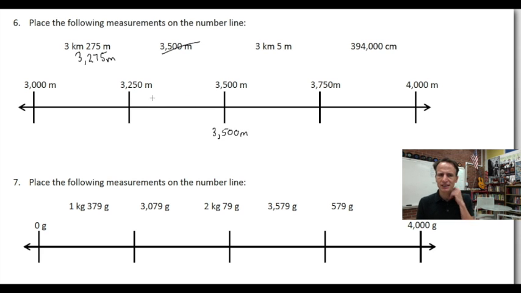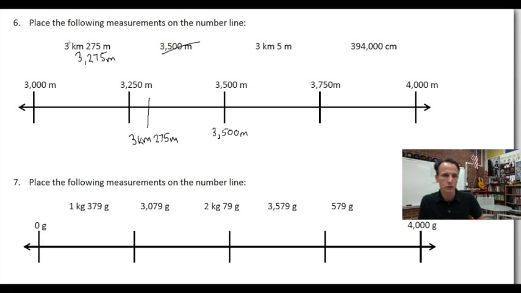I can see there's 250, so 3,300, 3,400, 3,500. I can see that it's going to come shortly after 3,250 meters. So I'm going to place my line for that one right about here. And I'm going to write it in the format that it was given to me. I could write it either way, but I'm going to write it as 3 kilometers, 275 meters. You see how 3,250, 260, 270, 275, would be right there.